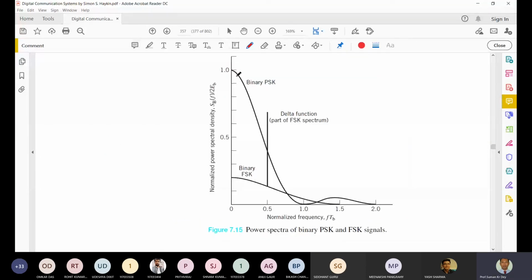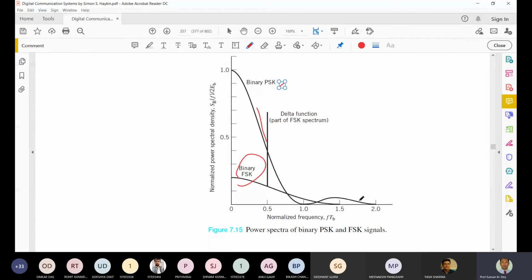When we discussed the power spectrum density for BPSK, we saw there is a power spectrum density for the FSK also. Now if we look at those two power spectrum densities, for the binary PSK it does not go to zero immediately, so there is a side lobe. But for the binary FSK there is no side lobe, so it gradually decreases in value.